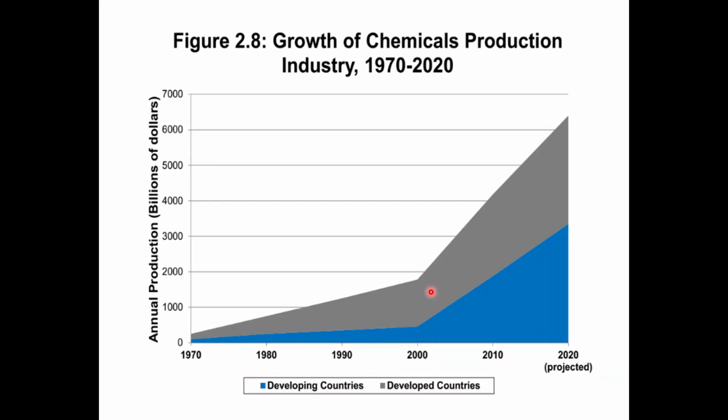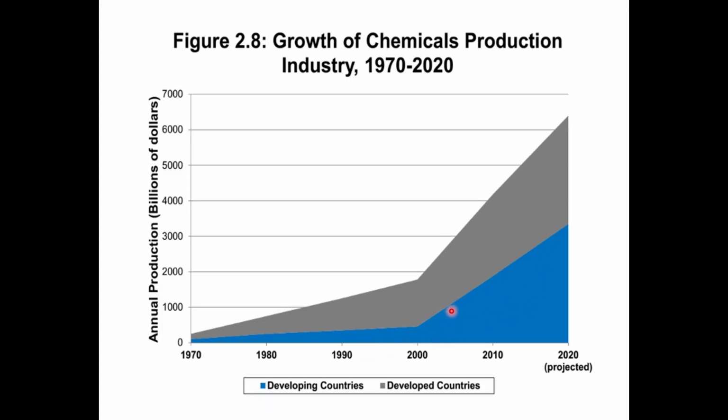Now here is chemical production. We see that the developed countries, in the gray, increase their production, but not by much since 2000. Chemical production is both industrial, but also includes things like fertilizer and pesticides. Then we see most of the growth is from developing countries.